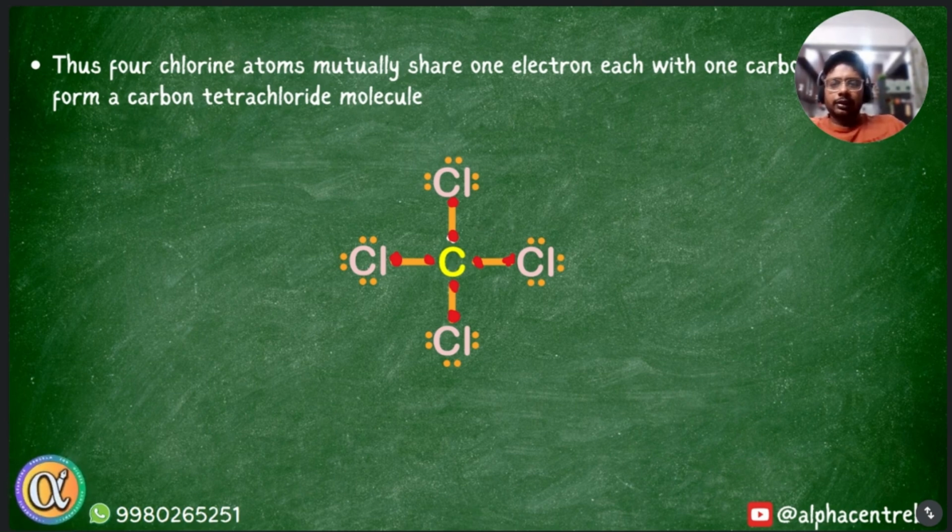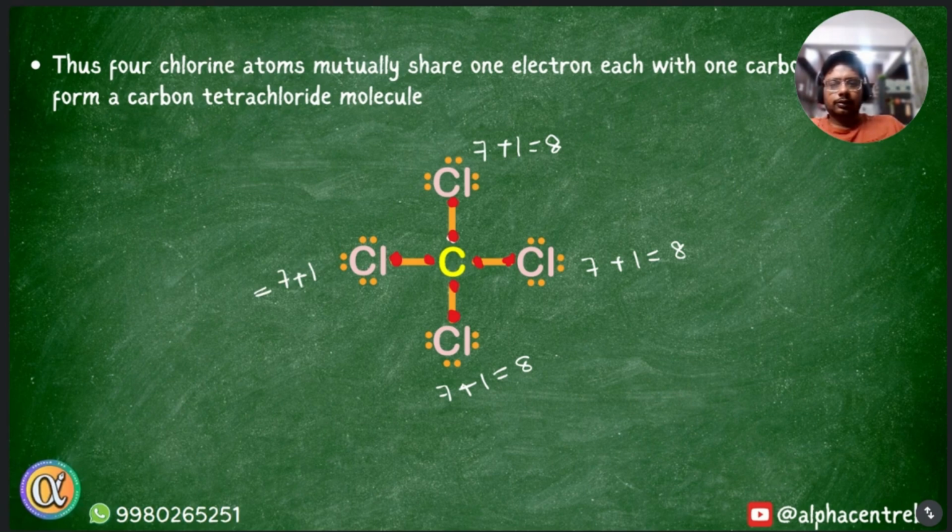Chlorine, which had 7 earlier, now gets 1 more, so 7 plus 1, 8, and the same for each chlorine. This way we see that the octet for each element, carbon and chlorine, is completely satisfied.